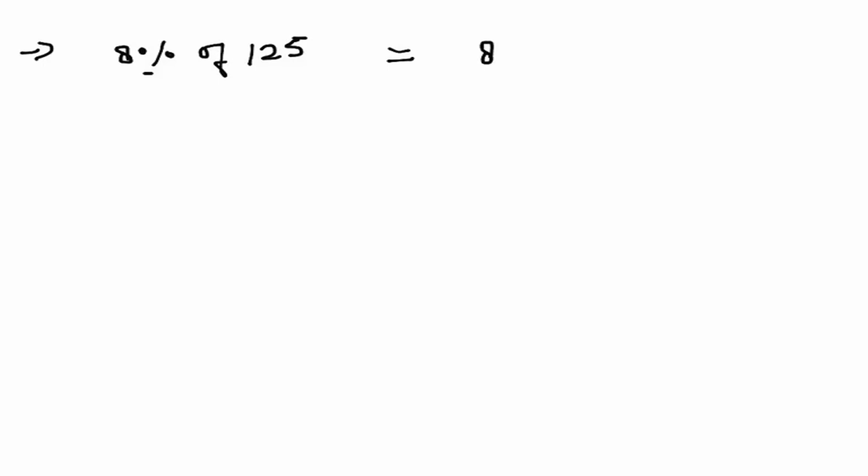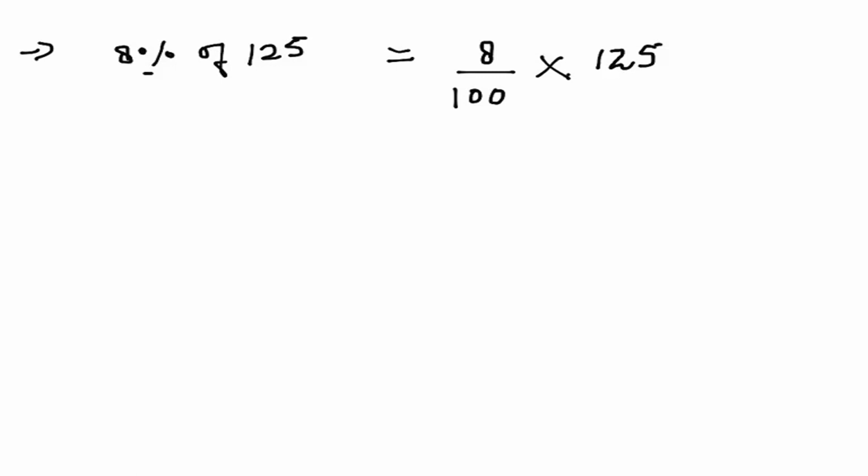It will give us 8 by 100. Of means multiply sign. Then we write the number whose percentage we have to find. Here we have to find 8% of 125, so we write 125 over here.